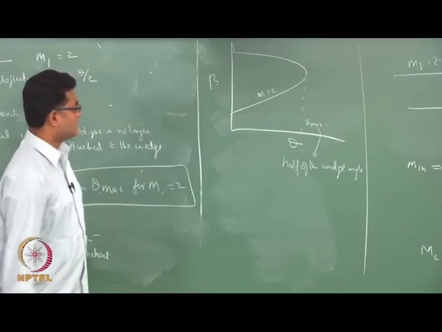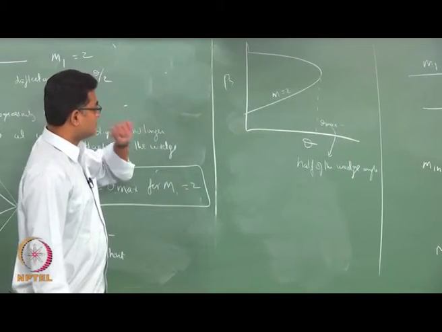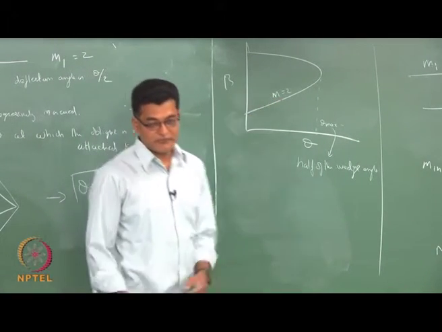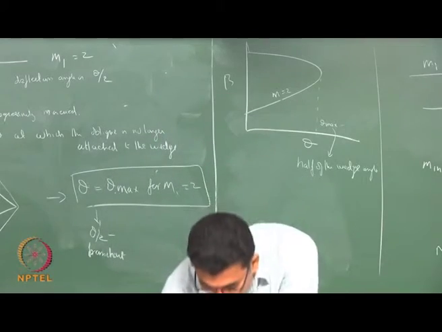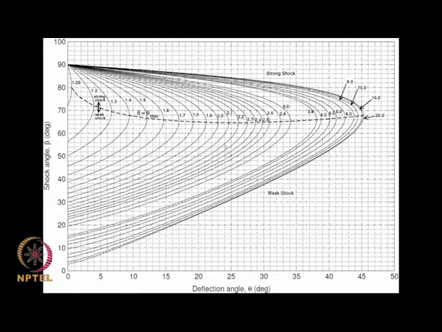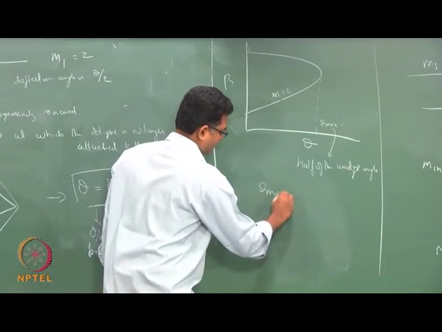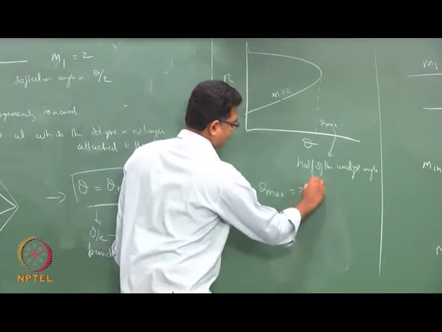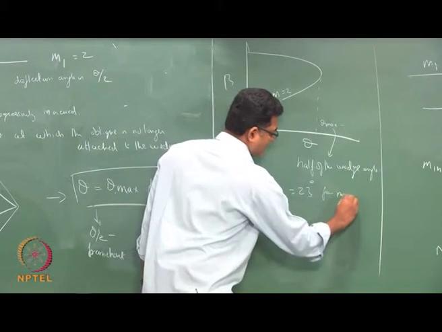Okay. So, I look at the M equals 2 curve, find where it is turning, the maximum theta max. So, I go to the M equals 2 curve and what I see here is an angle of around 23 degrees for M1 equals 2.